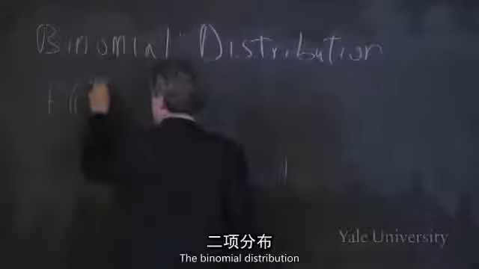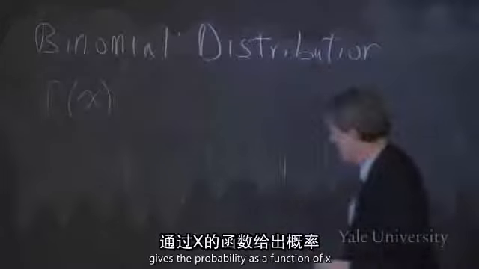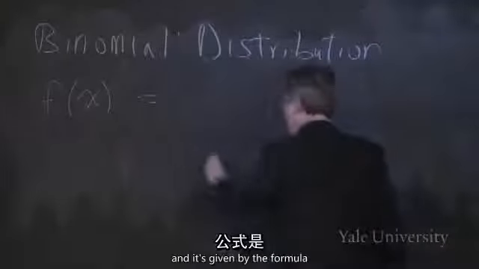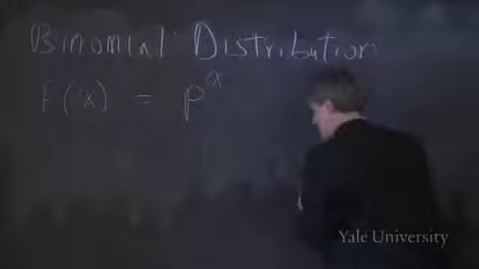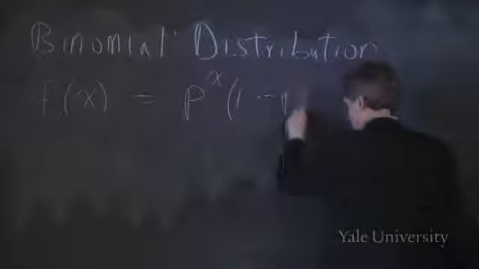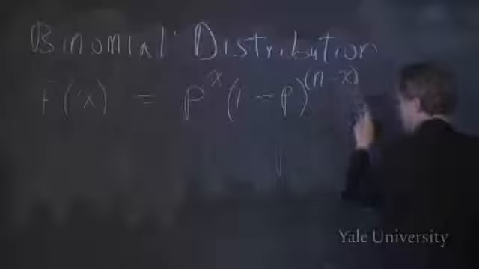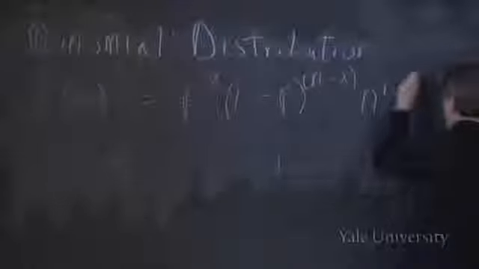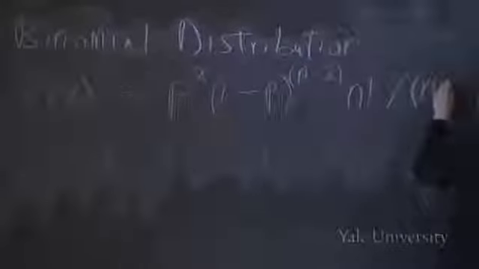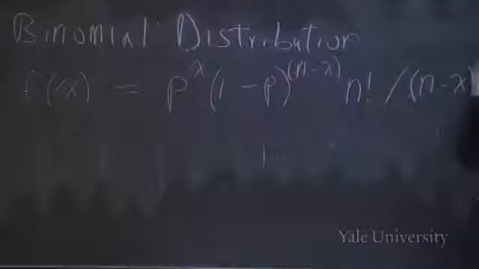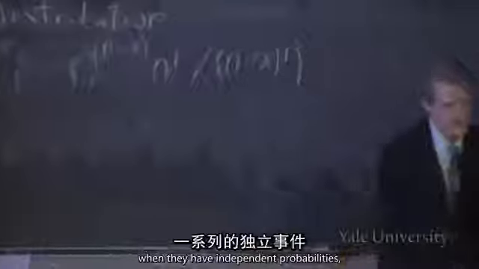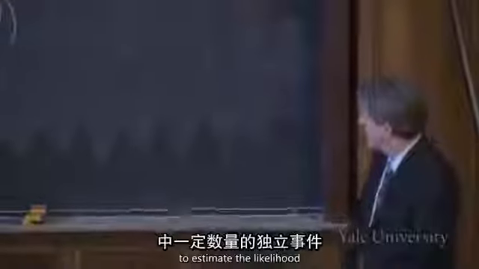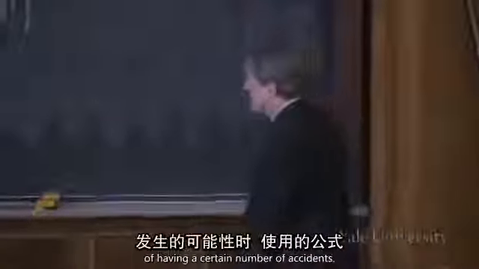So the binomial distribution gives the probability as a function of X, and it's given by the formula, where P is the probability of the accident: P to the X times 1 minus P to the N minus X, times N factorial over N minus X factorial. That is the formula insurance companies use when they have independent probabilities to estimate the likelihood of having a certain number of accidents.